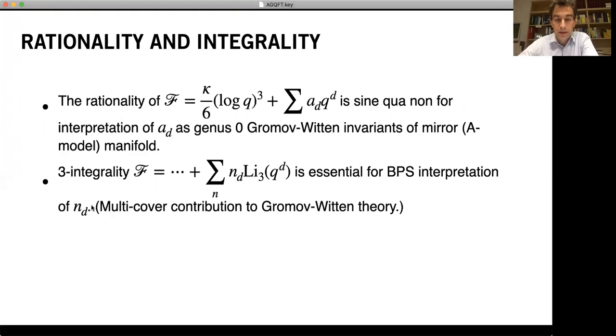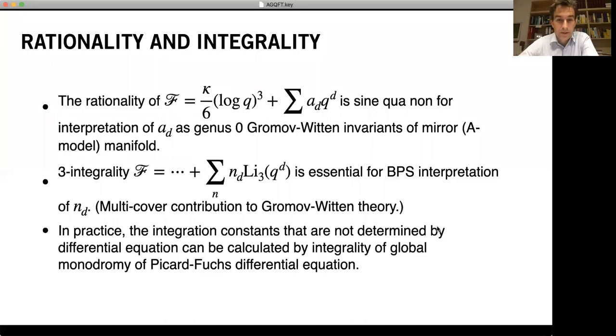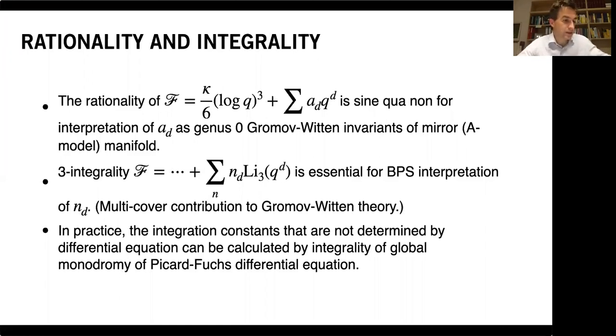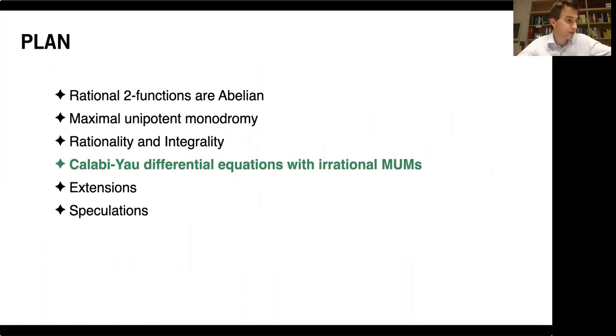One way to think about this is the old way of subtracting multi-cover contributions from Gromov-Witten theory, including this trilogarithm. These integration constants can be calculated from global monodromy. I'm coming now to the examples, and that's how you get these integration constants in the first place.